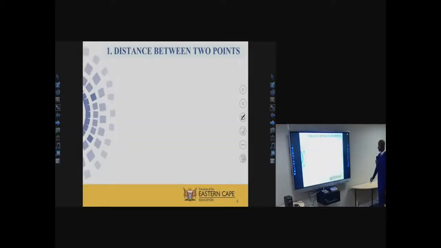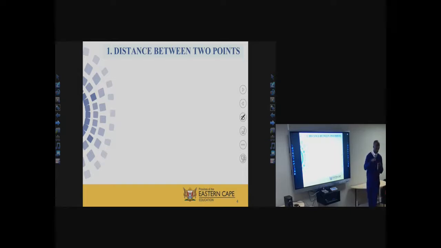Now, the first one, distance between 2 points. Now, you must recall, Mfundi, that when you're talking about geometry, generally, you are talking about mainly lines, triangles, quadrilaterals, as well as circles. So we focus on 4 things: lines, triangles, quadrilaterals, as well as circles.